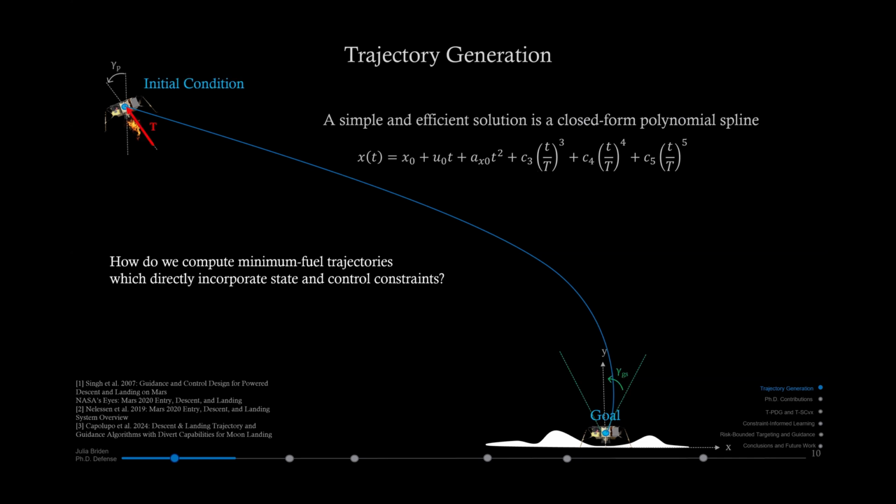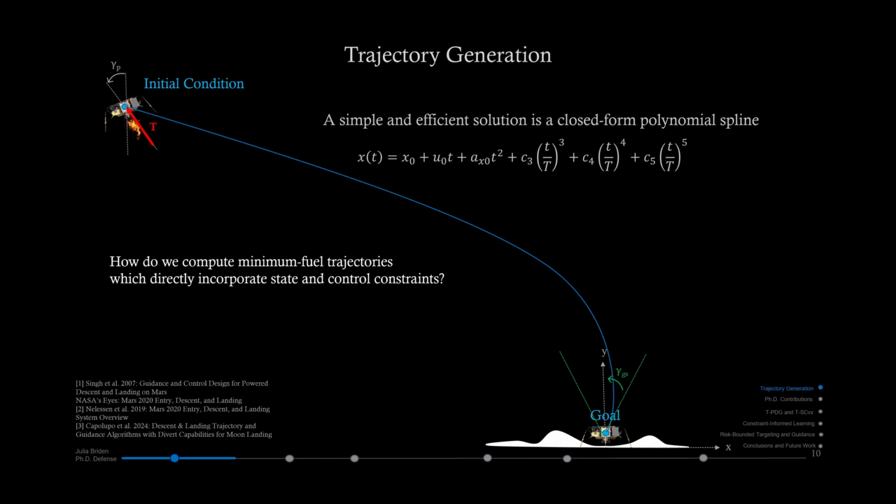But some issues that sometimes happen is that these trajectories may not be minimum fuel trajectories, especially for long horizon times. And then also they don't directly incorporate state and control constraints, especially in a general formulation.